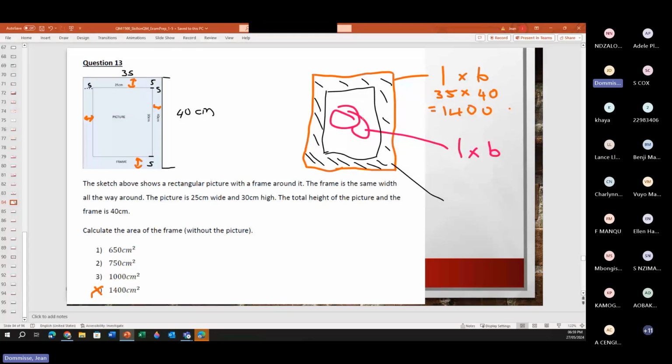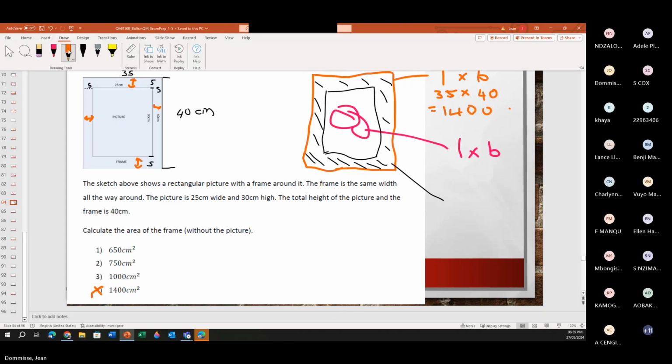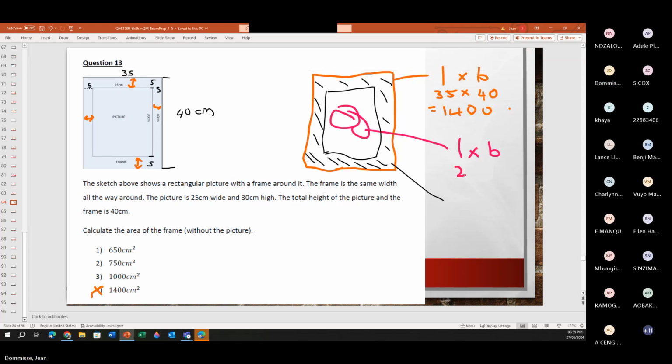The pink area, the picture, is 25 times 50, which is 750.